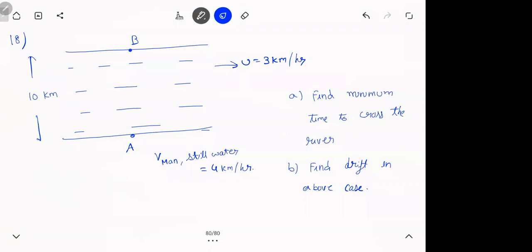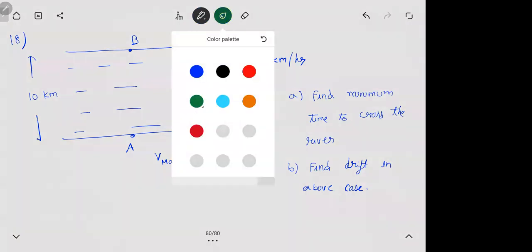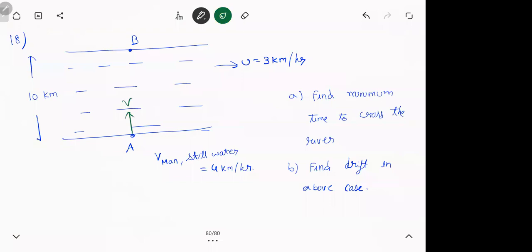So let's see how to do this thing. In order to go for the minimum time, you should just swim straight. As simple as that. So the minimum time will be how much? Time will be d by v, or you can say distance AB. For minimum time, he should swim along AB.